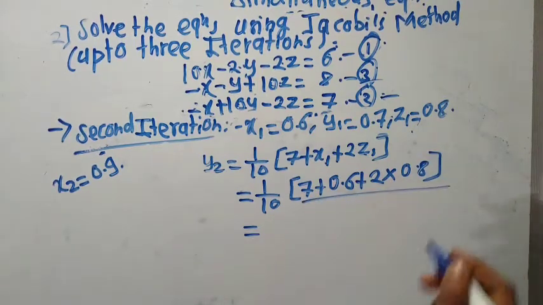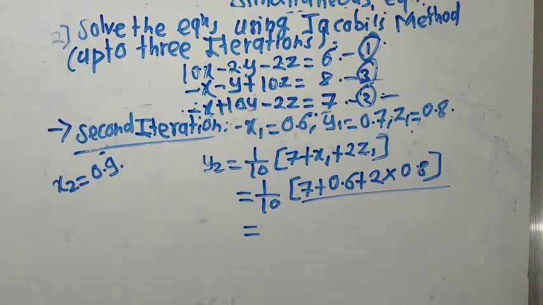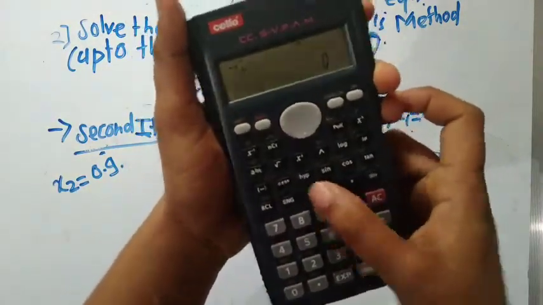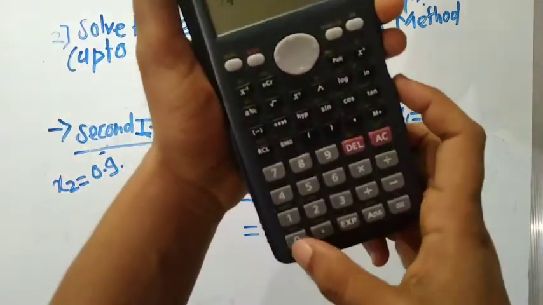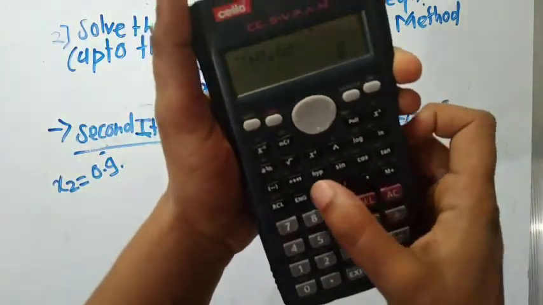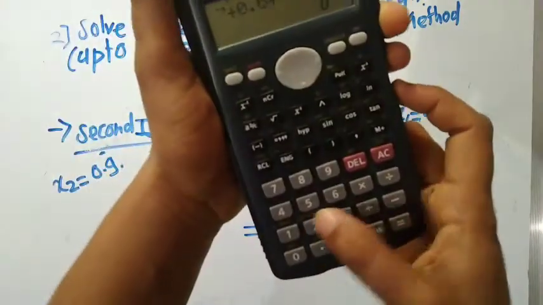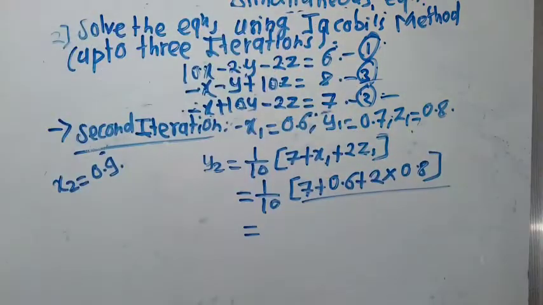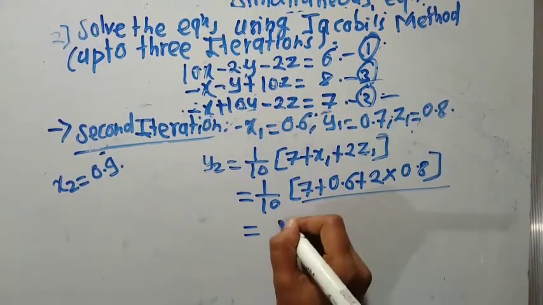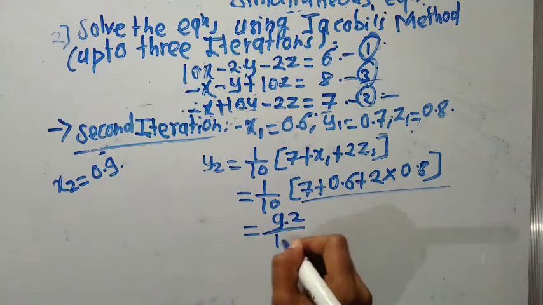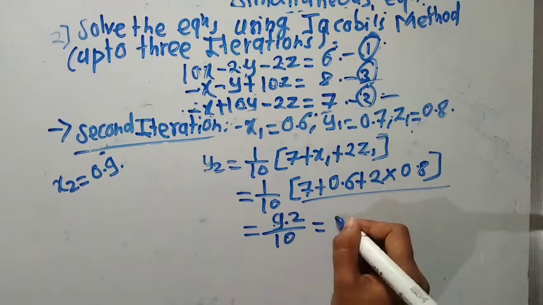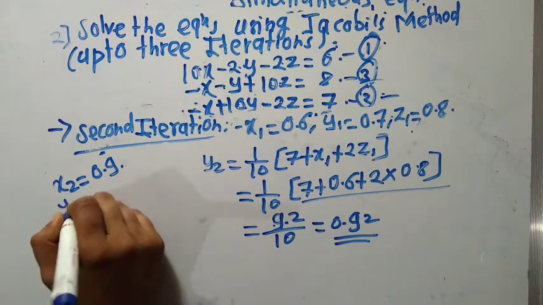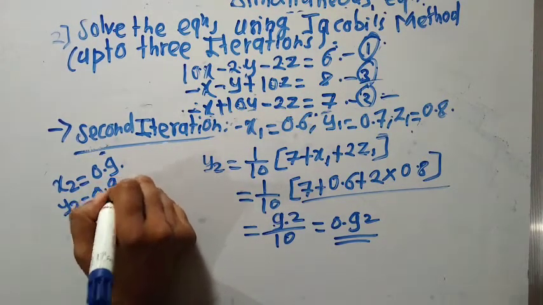So find its value first: 7 plus 0.6 plus 2 into 0.8, which is equal to 9.2. 9.2 divided by 10 is 0.92. Hence y2 is equal to 0.92.